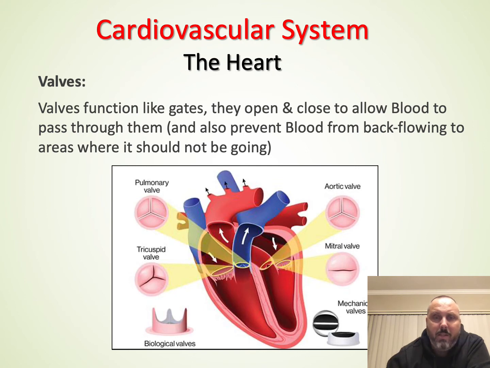Pulmonary valve, that's an easy one to remember because that's between the ventricle and the pulmonary artery that goes out to the lungs. And the aortic valve, that's between the ventricle and the aorta. The aorta, remember, is the artery that takes oxygenated blood out to all of the cells in the body. Okay, all the blood vessels in the body.